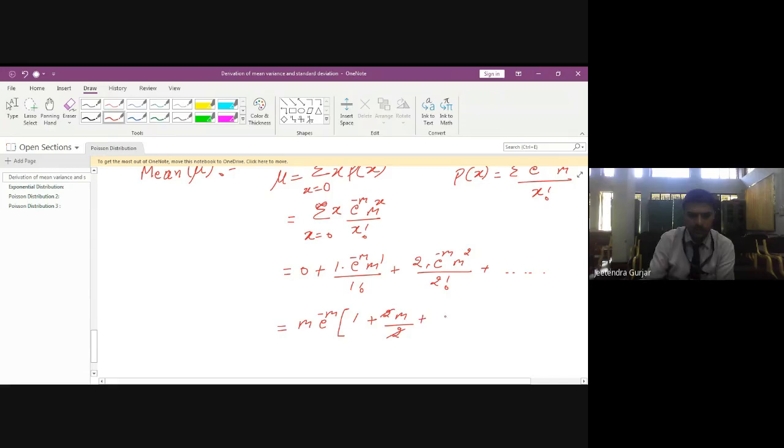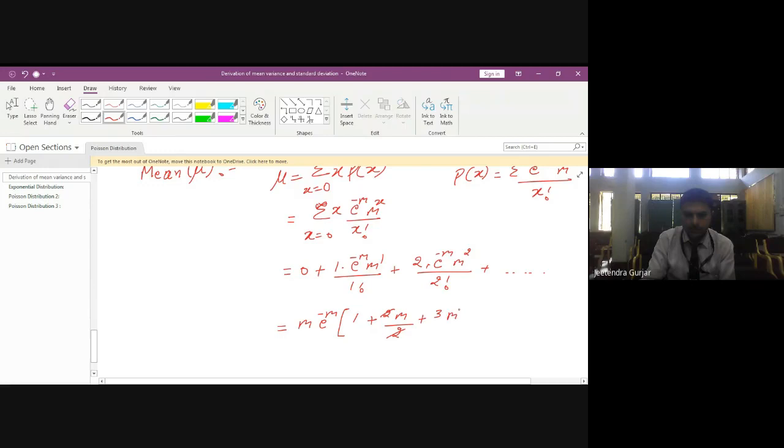So plus, continue like this. x will be now 3. So I'll just write 3. Similarly, I'm going to take here e raised to minus m is outside. Okay, 1 m is outside. So m cube will be there.